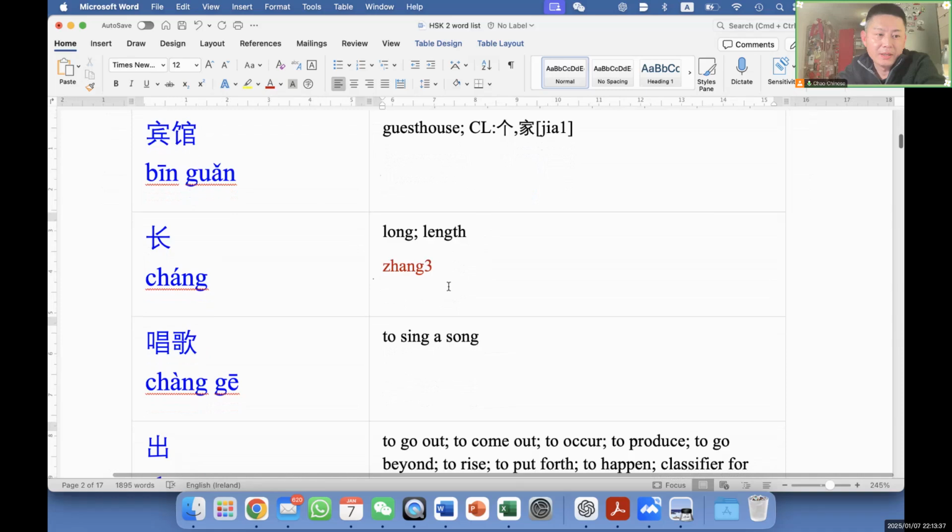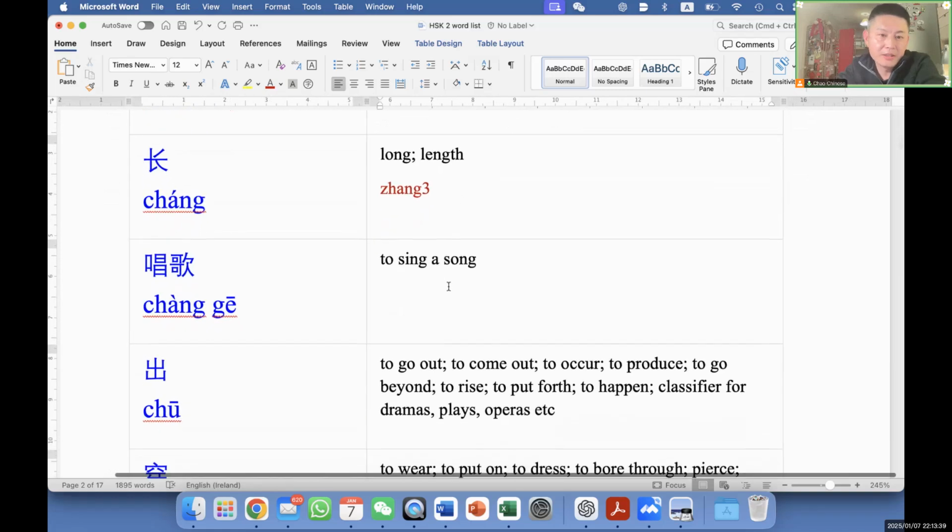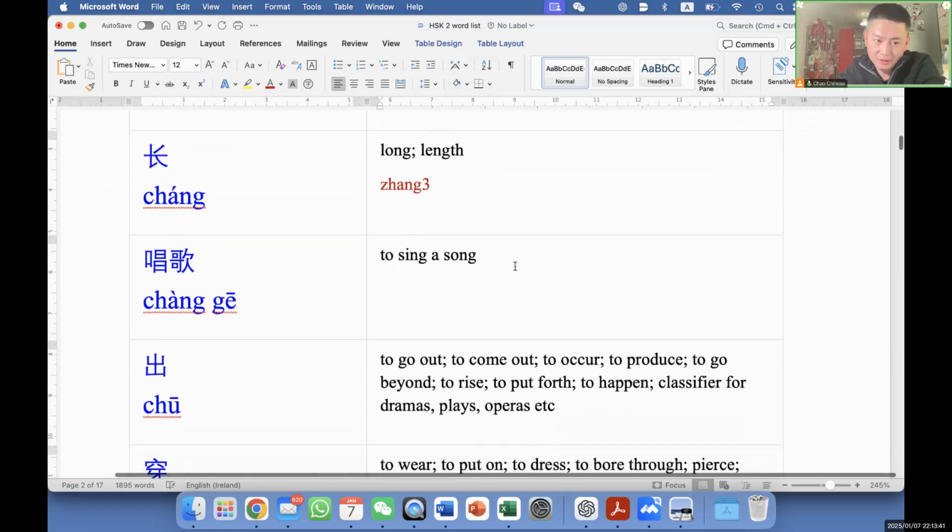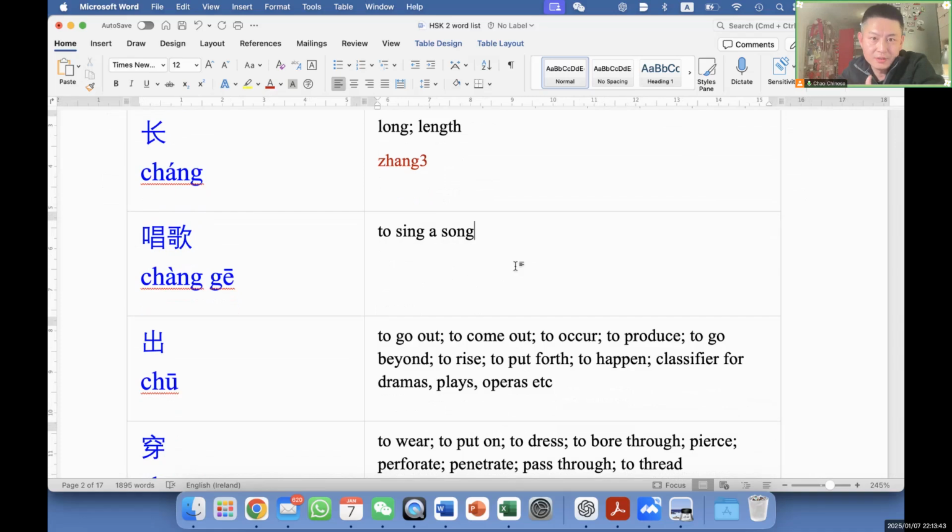Okay. Then 唱歌 is to sing a song. 唱 is to sing, 歌 is song. So together, to sing a song. Or in the language of English, you say, I like to sing. And the word sing sometimes in English contains the action to sing a song. Right? I like to sing. Of course, you like to sing songs. So in Chinese, 他喜欢唱歌.